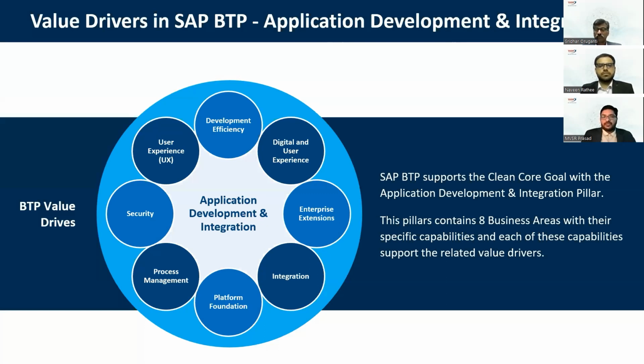That's where BTP has pillars like application development and integration scenarios, areas where customers can have specific requirements which can be leveraged through BTP capabilities, and then subsequently they can adopt the clean core concept.